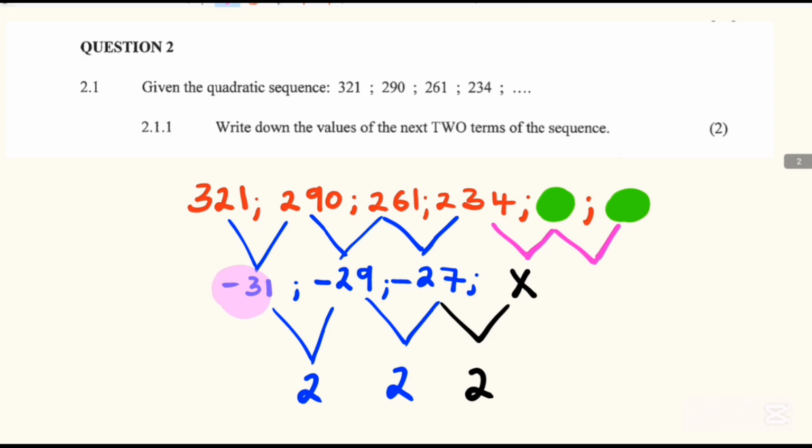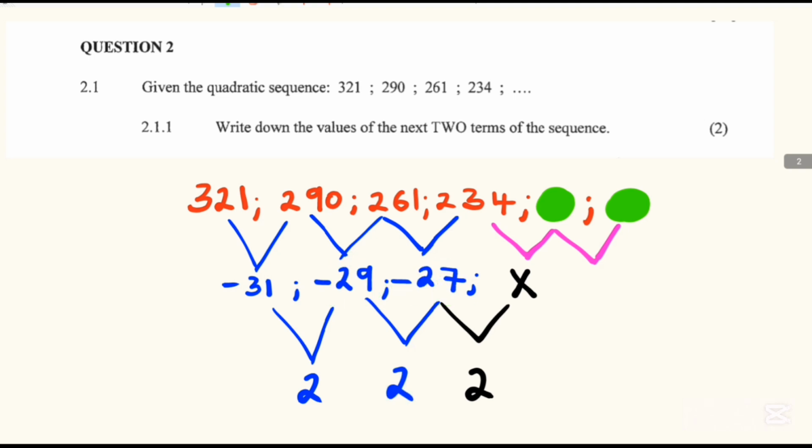The negative 31 plus 2 will give us negative 29, and in the same way, negative 29 plus 2 gives us negative 27.